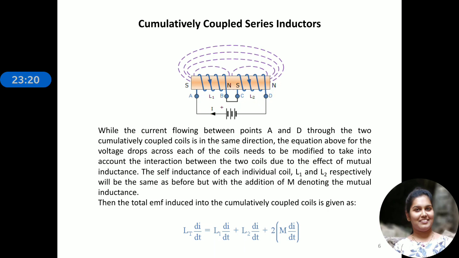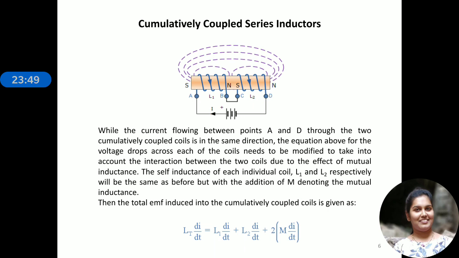That is, 2 times mutual inductance is taken, so we write it as 2M di/dt. Two self-inductances and two mutual inductances give the total EMF in the cumulatively coupled coils. Here 2M represents the influence of coil L1 on L2 and likewise coil L2 on L1.